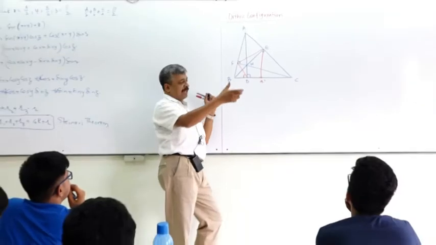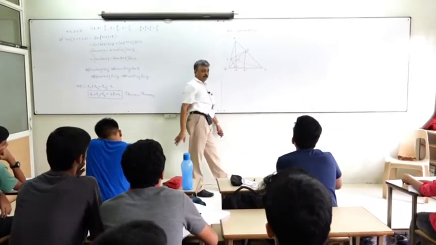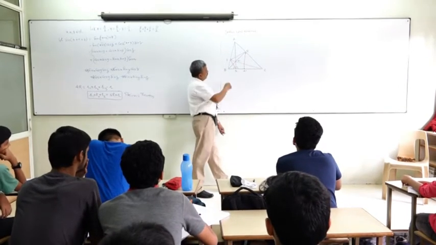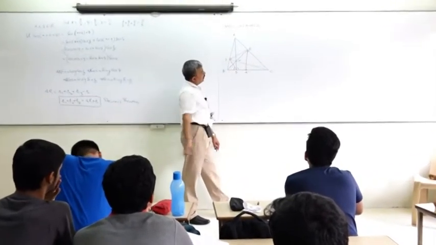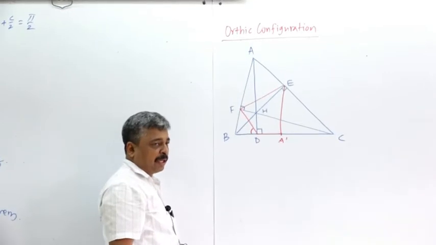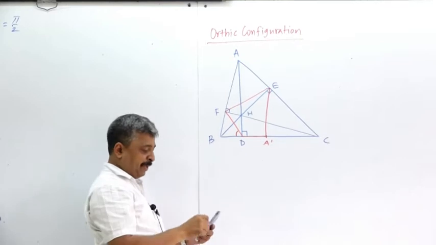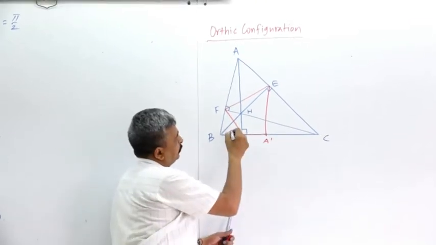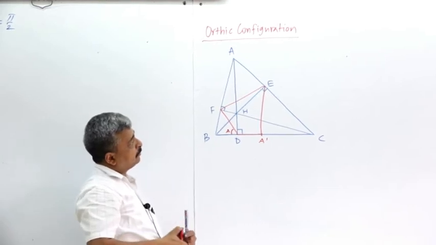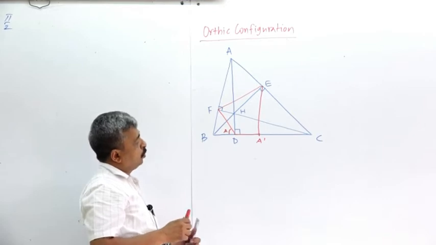Because AC subtends angle 90 at F and AC subtends angle 90 at D also. Therefore, those 2 points are on the circle. And therefore, this angle is how much? The exterior angle of a cyclic quadrilateral equals the remote opposite interior angle. So this will be capital A. Correct? Yes or no?